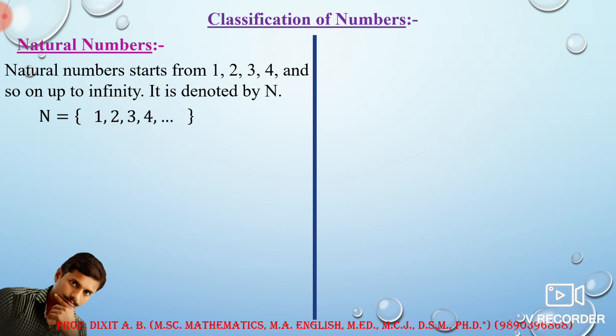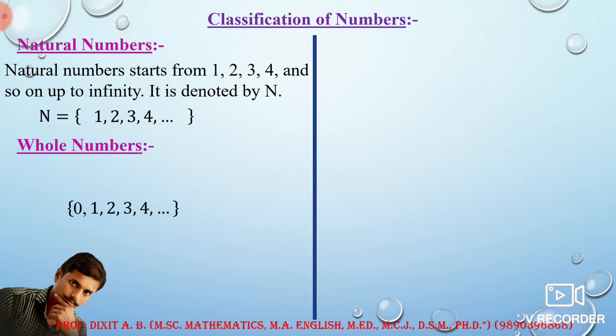Now the next type of number is the whole number. For defining the whole number, I will consider that same set of naturals 1, 2, 3, 4. In this natural numbers set, I will add one more number, that is 0.